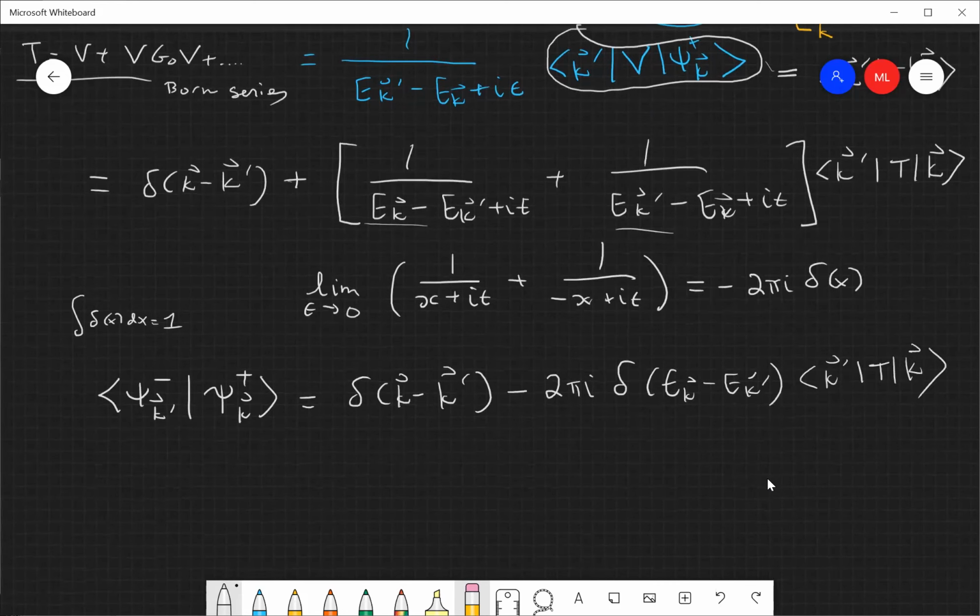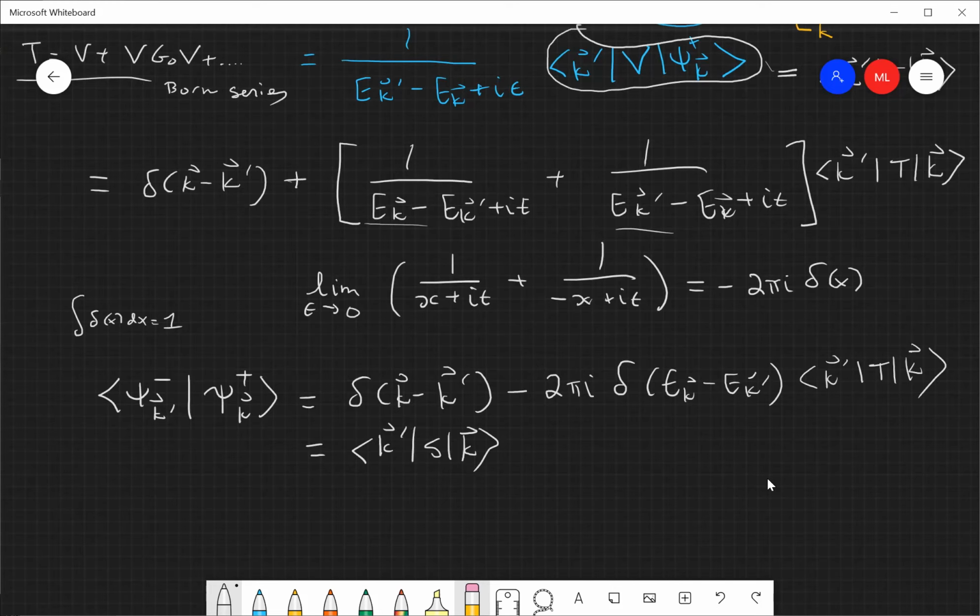Well, this is great because that's what we found the S matrix to be. This was the expression for the S matrix in terms of the T matrix in momentum space.